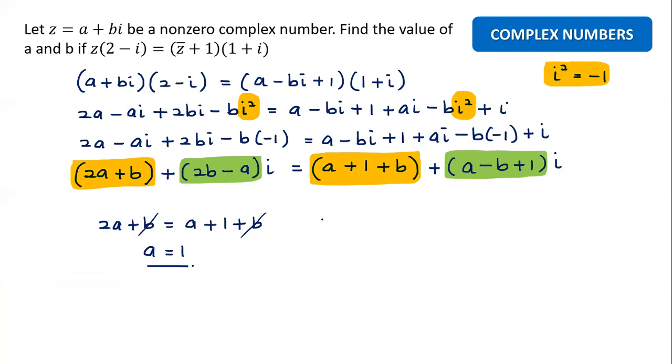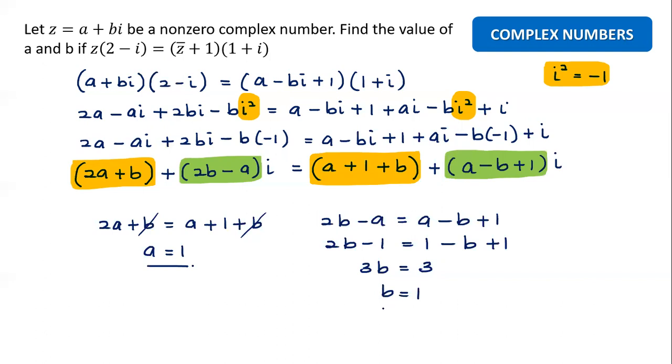So 2B minus A equals A minus B plus 1. The good news is you already have the value of A. You can substitute A is 1, so 2B minus 1 equals 1 minus B plus 1. So it's going to be 3B. You bring all the numbers to one side, it's going to be 3 there. So your B is also 1.